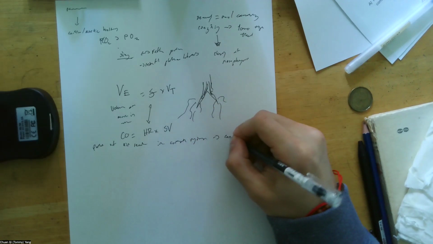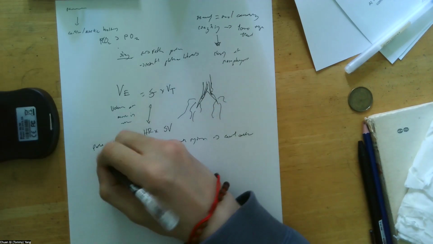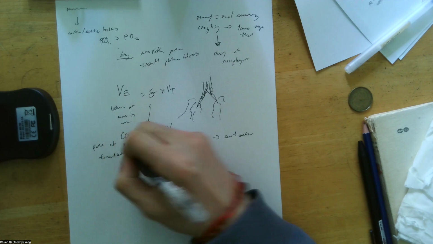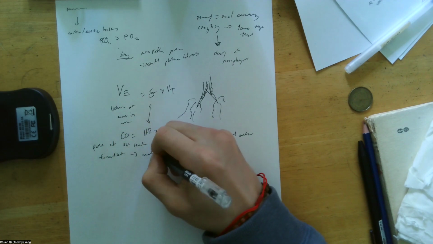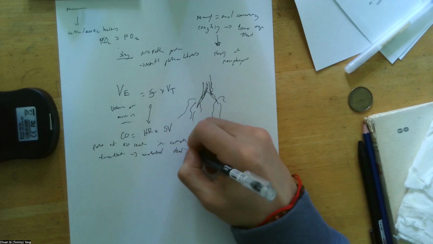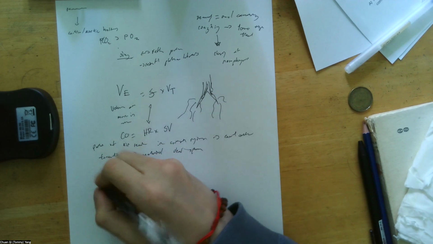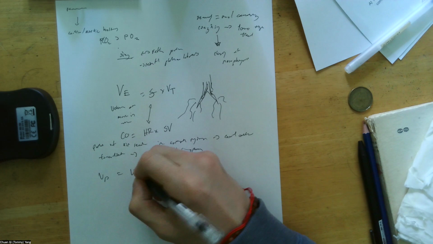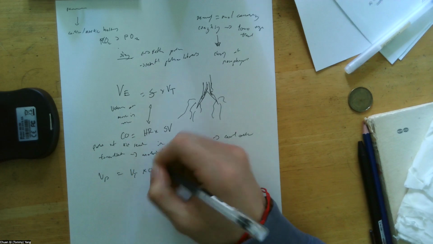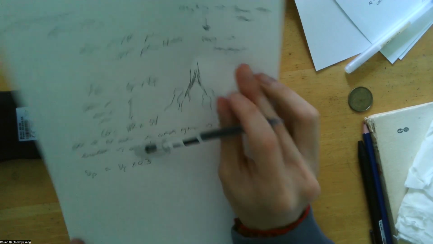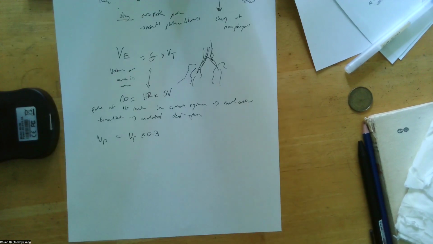And since it cannot contribute to ventilation, we call it anatomical dead space. Usually the anatomical dead space is the vital volume times 0.3, and it's estimated from the regular tidal volume.